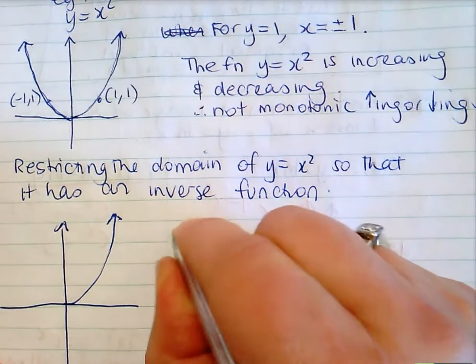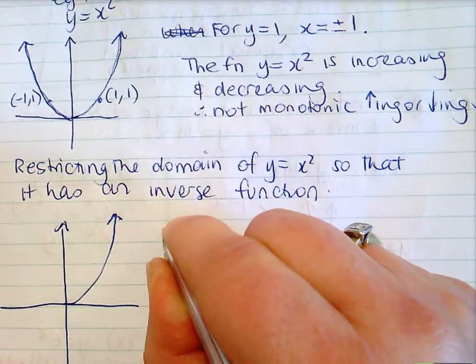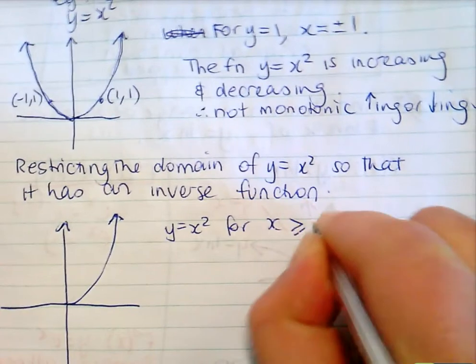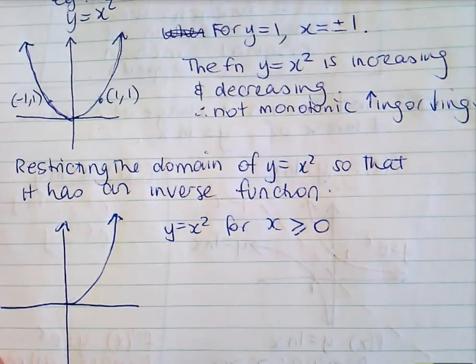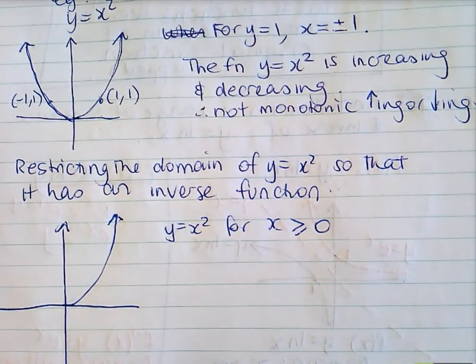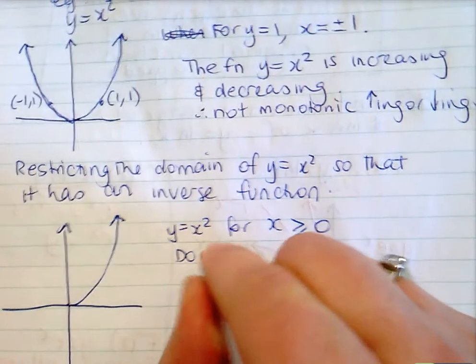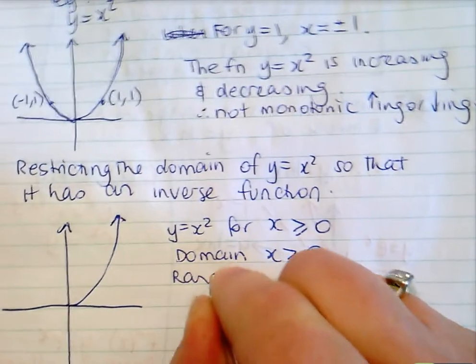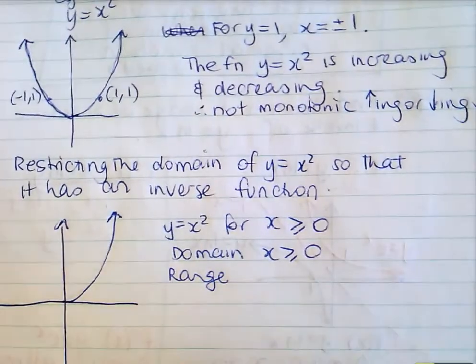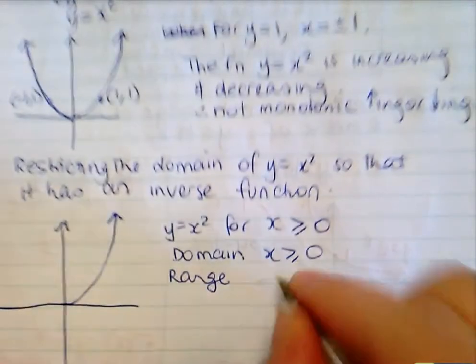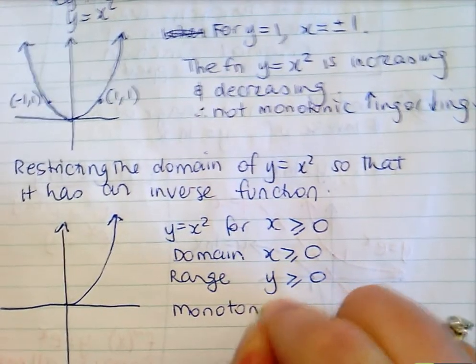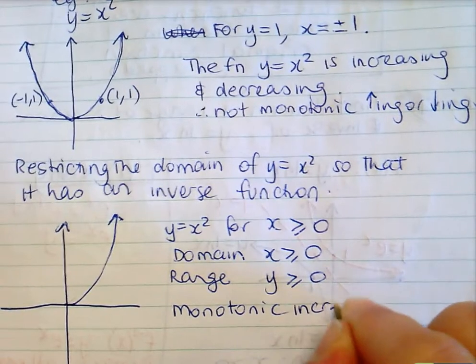Okay, so let's look at y equals x squared for x greater than or equal to 0 only, only looking at that right-hand side. If we look at the domain x greater than or equal to 0, what would be the range of that? And now it's monotonic increasing.